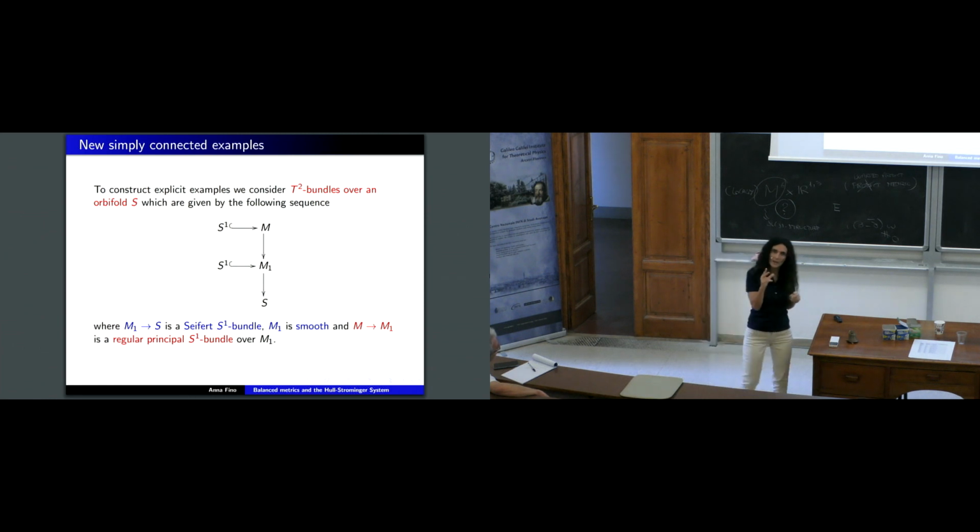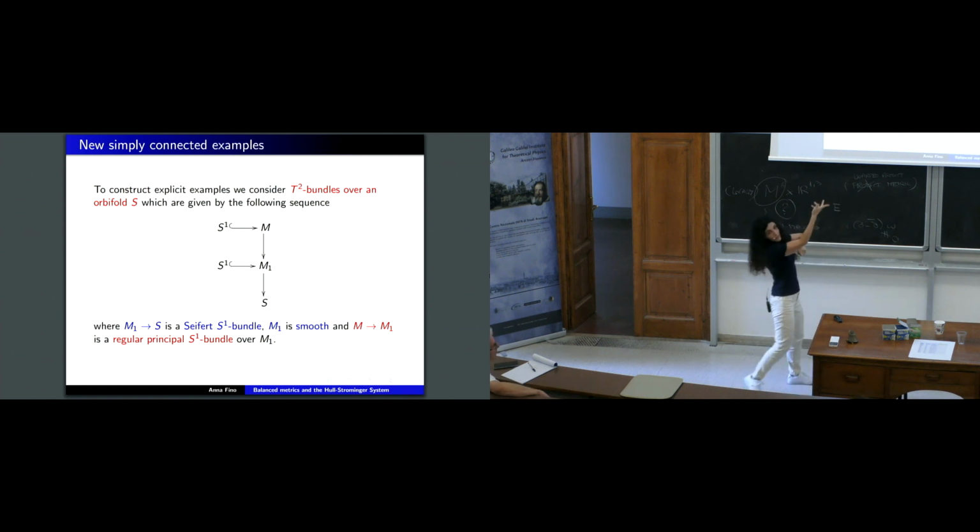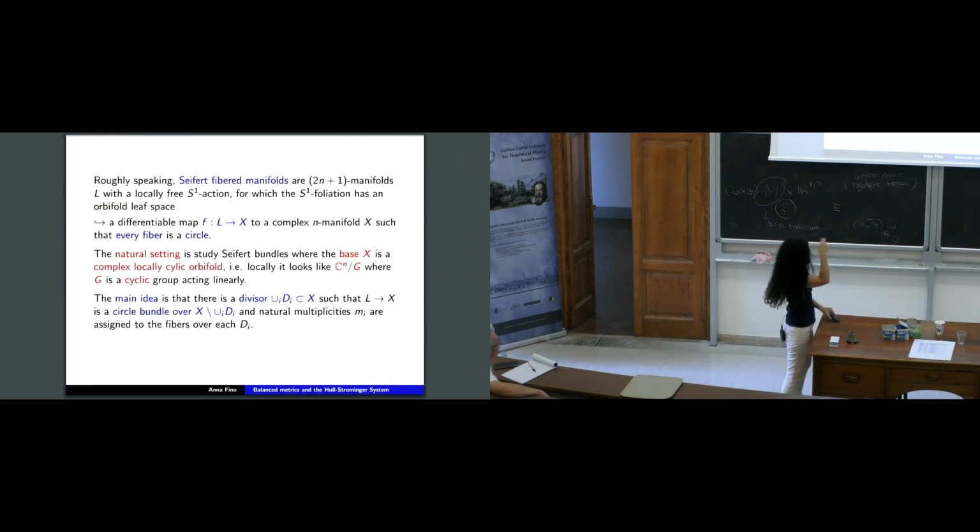So for that construction, when you don't have a product times S1, but you want something simply connected, you need a pair of rational divisors. Essentially, we satisfy some condition that ensure that the first Seifert S1 bundle is smooth, and then you have the second one that gives you the second S1 bundle, principal bundle.